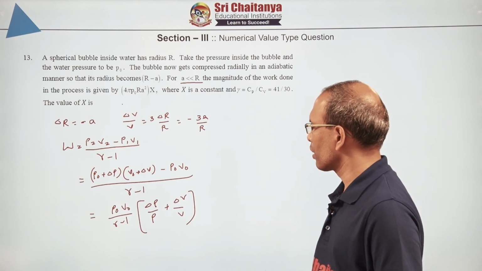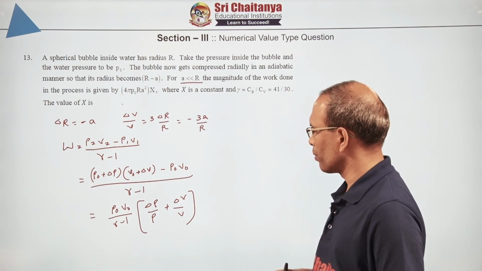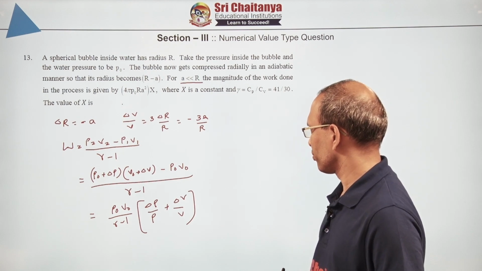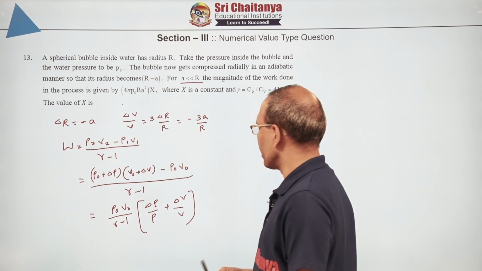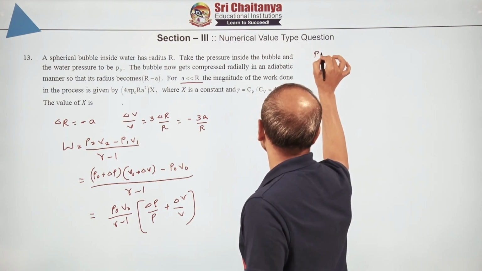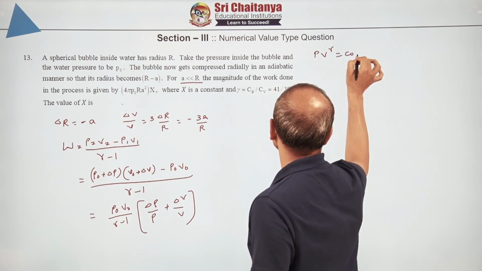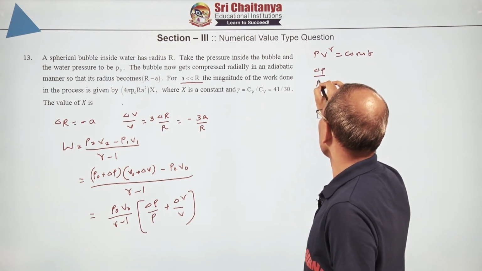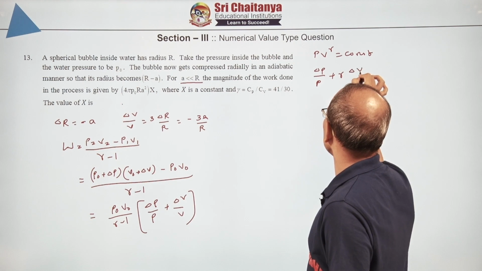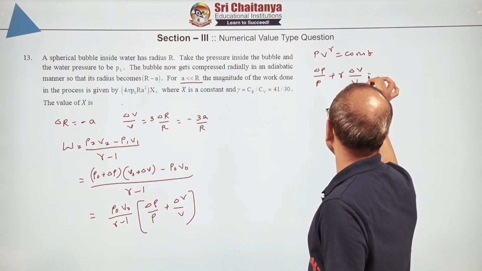Now we will calculate delta P by P in terms of delta V by V. So what is delta P by P? P V power gamma is constant. So delta P by P plus gamma into delta V by V is 0.